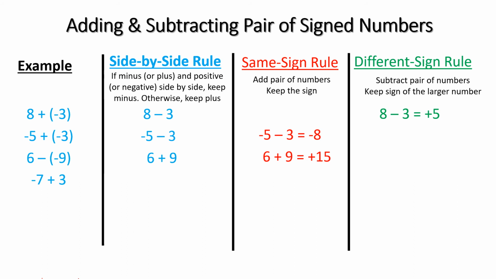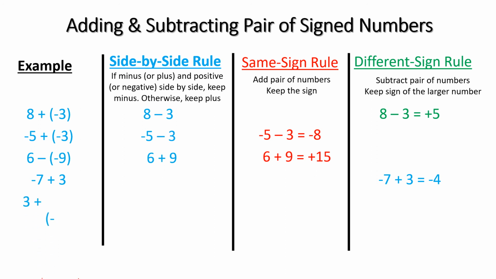Here we have the sign negative in front of 7 and the positive in front of 3. So we have different signs. We go to the third column. It means we're going to subtract the two numbers. If you subtract 3 from 7, we get 4. Then we maintain the sign of the larger number, which is the sign of 7. Therefore, we get negative 4.